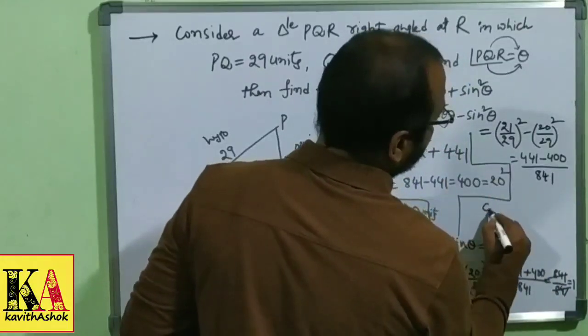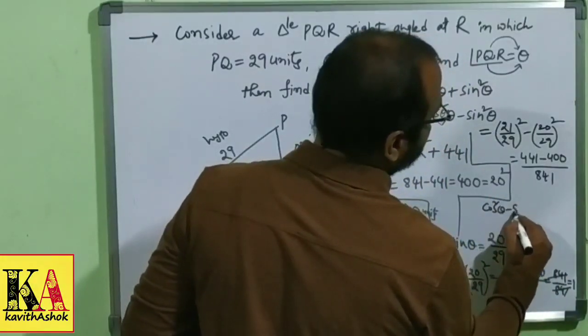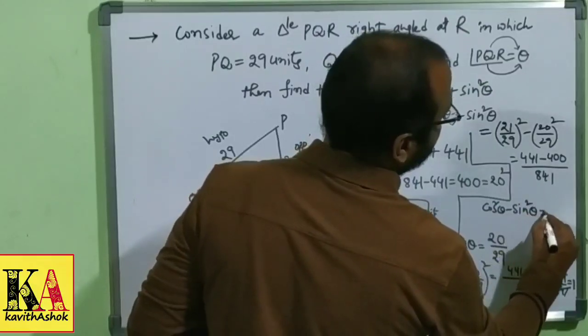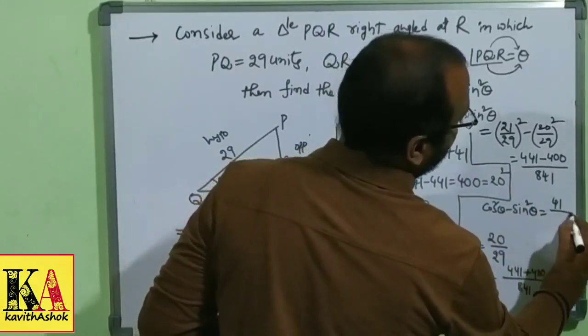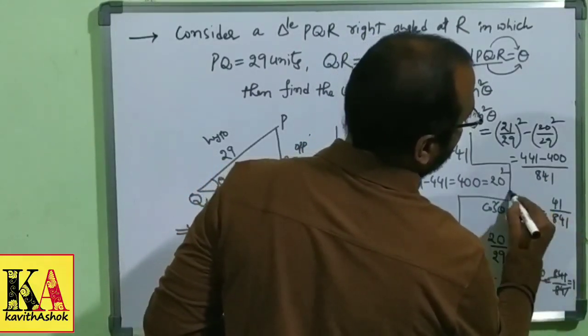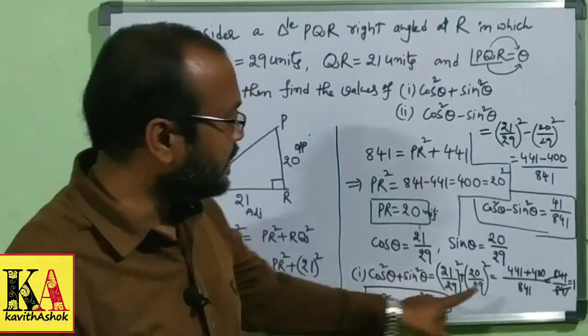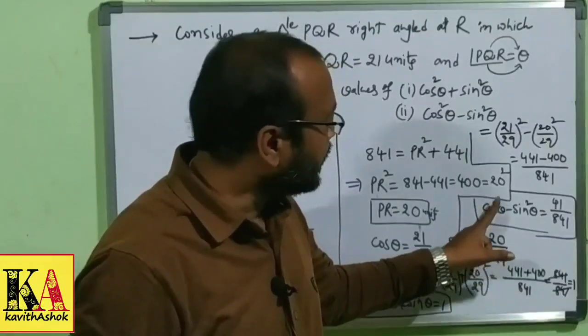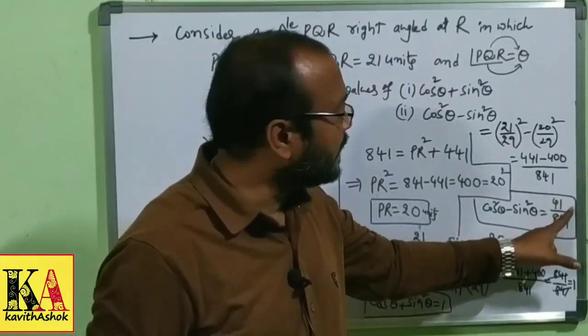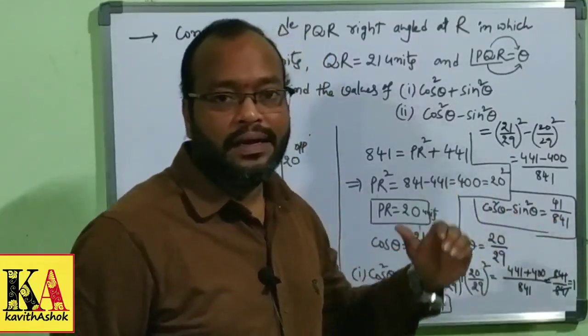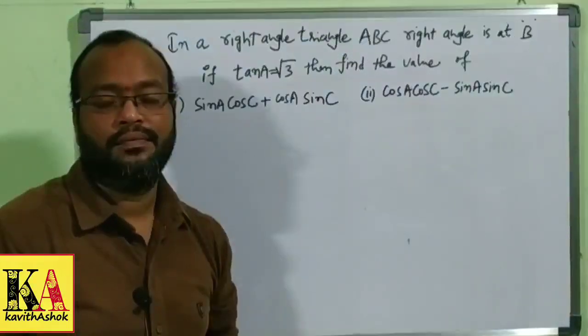So cos square theta minus sin square theta is equal to 41 by 841. So cos square theta plus sin square theta value will be 1, and cos square theta minus sin square theta value is 41 by 841. Like this we can calculate.